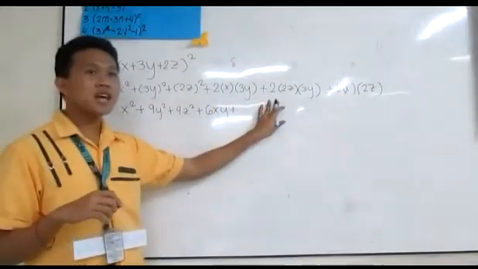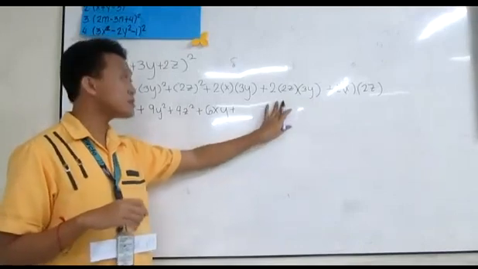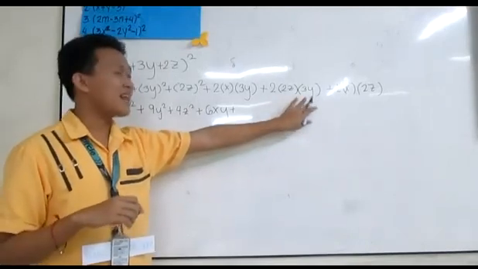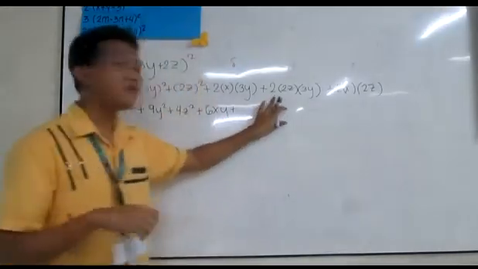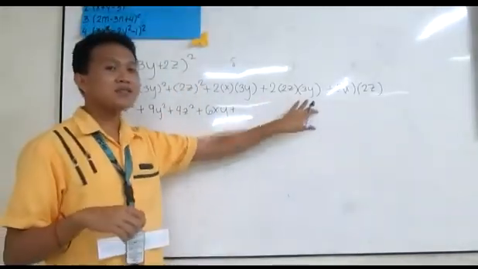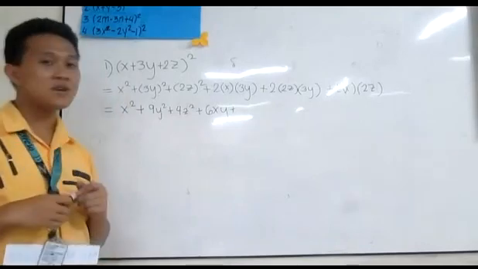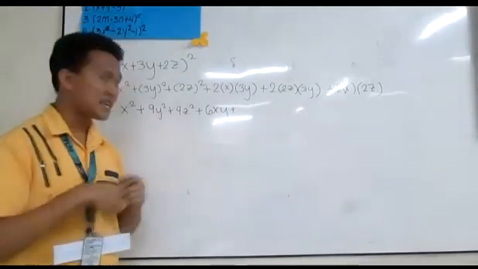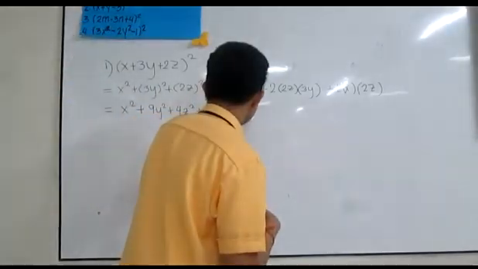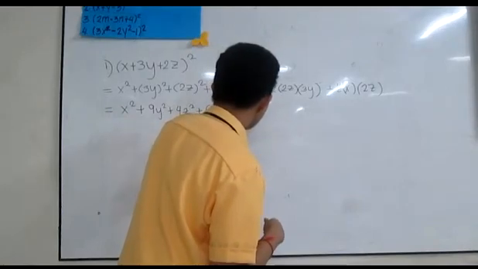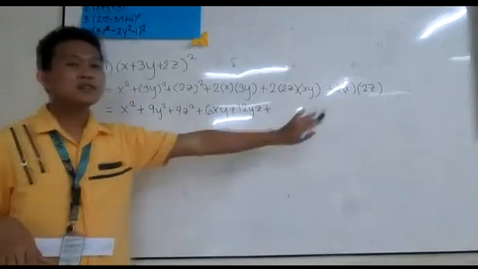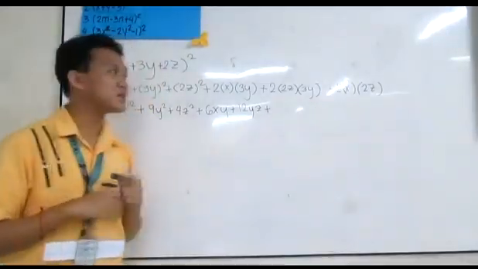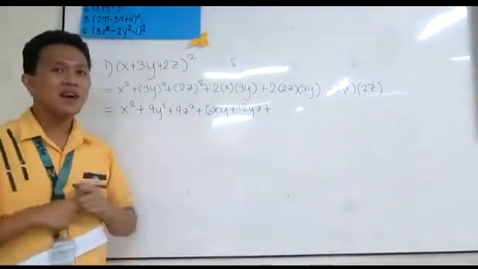Plus 2 times 2z, or 2 multiplied to 2z and multiplied to 3y, we have 4z multiplied to 3y, it's 12zy, or 12yz. Plus 2 multiplied to x, we have 2x, and multiplied to 2z, we have 4xz.